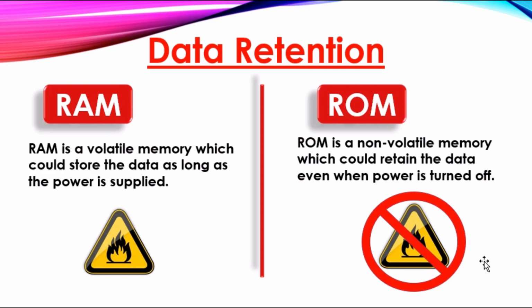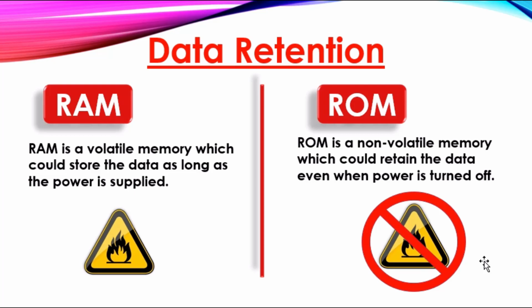This will give the user some time to load the data from the short-term memory, that is the RAM, to the long-term memory, which is, let's say, the hard disks and the solid-state drives.